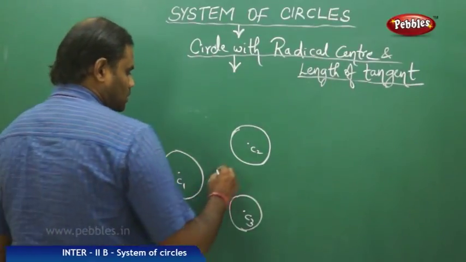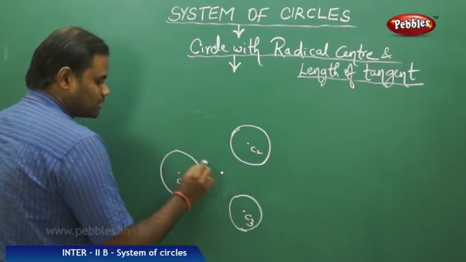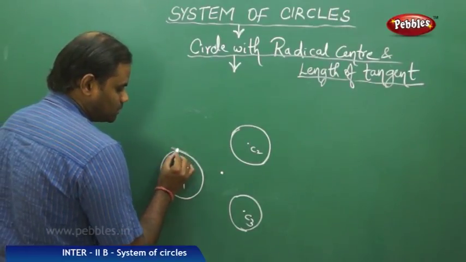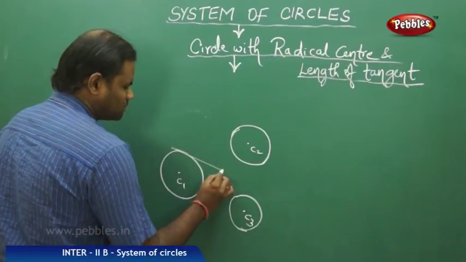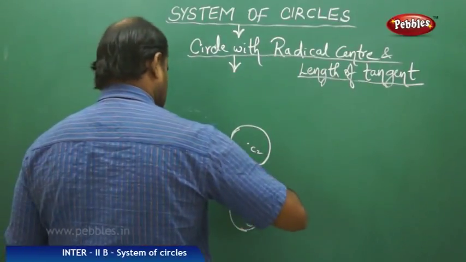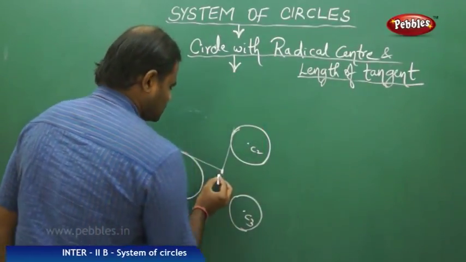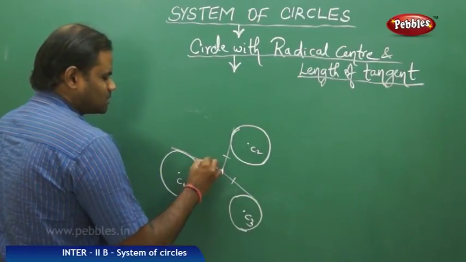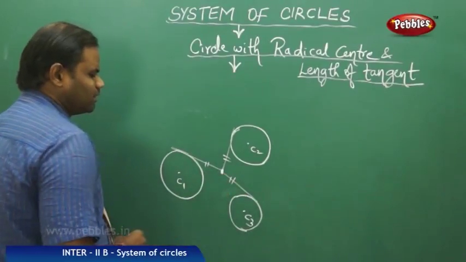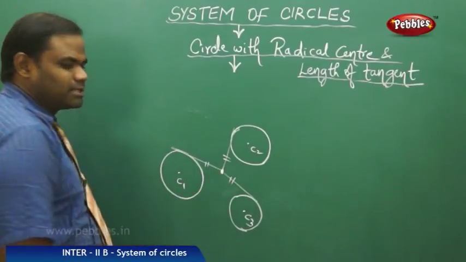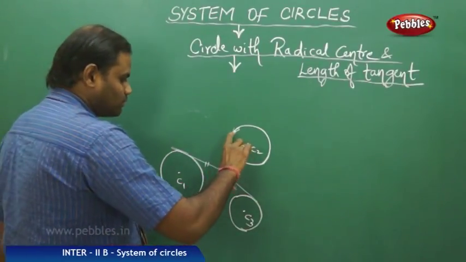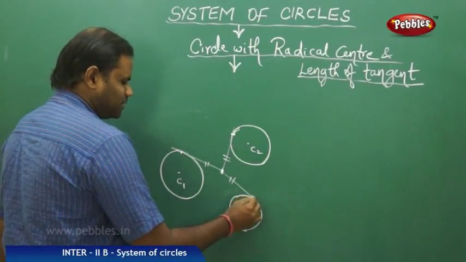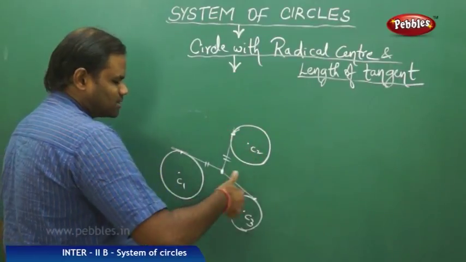Now if I just have from the radical center the length of tangent, each of the tangents are equal. If I take the measurement of this length of tangent from here, here, and here, the points of contact, I can draw a circle.